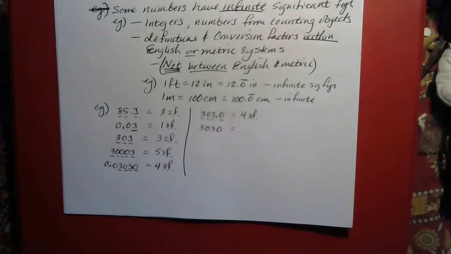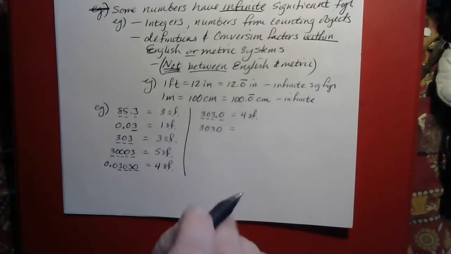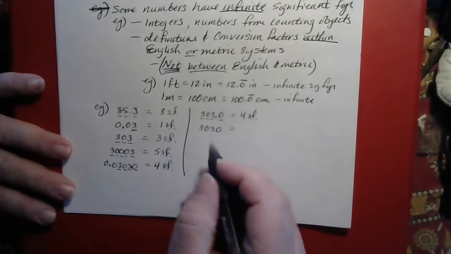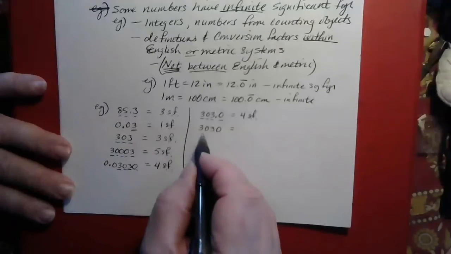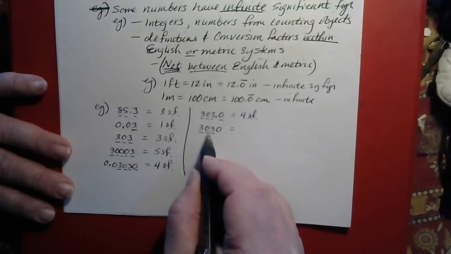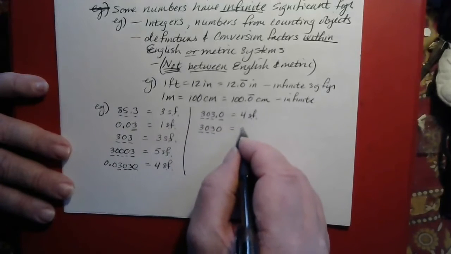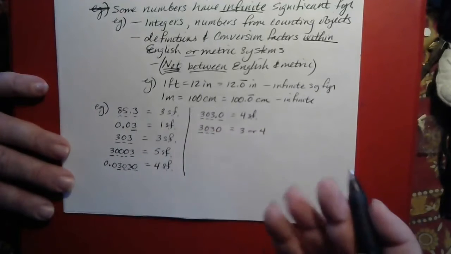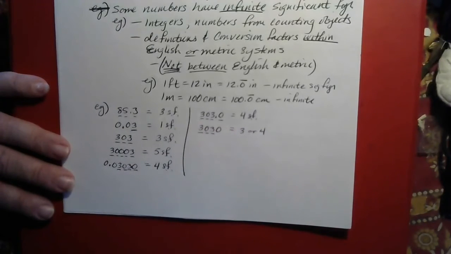For 3030, there is some ambiguity in numbers like this. Strictly speaking, you would say there are 3 significant figures: the 3, the 0 that's between the 3's, and the other 3. But it's ambiguous. It's because of the way we write numbers in the Arabic numeral system.